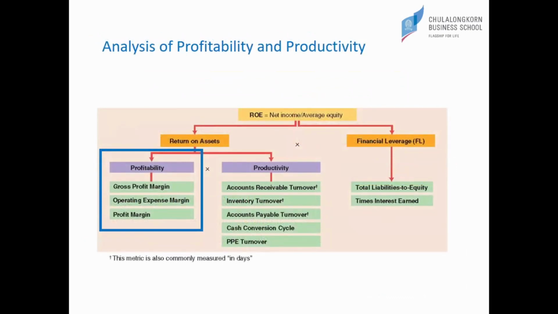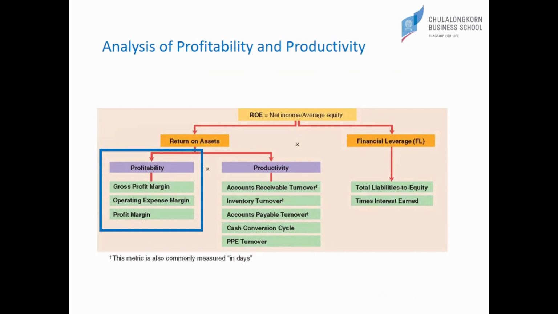So this DuPont framework all starts from this ROE. At first, it's divided into ROA and the financial leverage, and we can go one layer deeper by dividing this ROA into profitability and productivity.